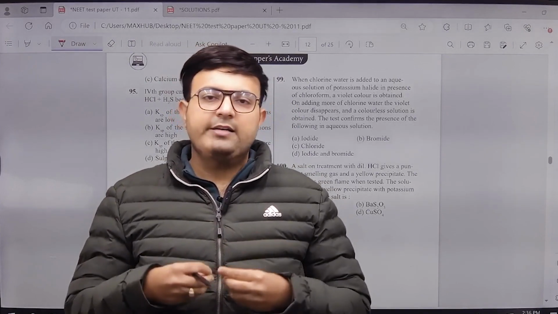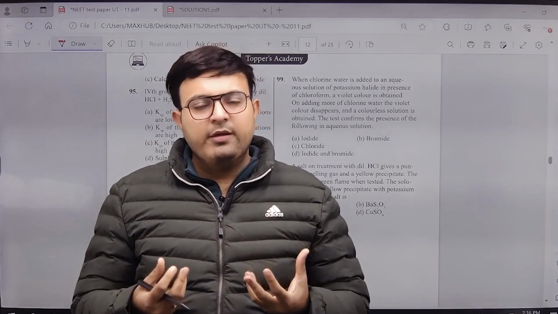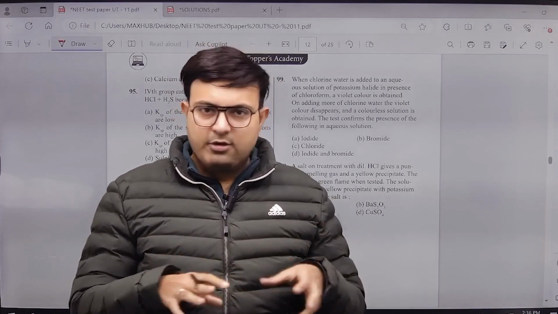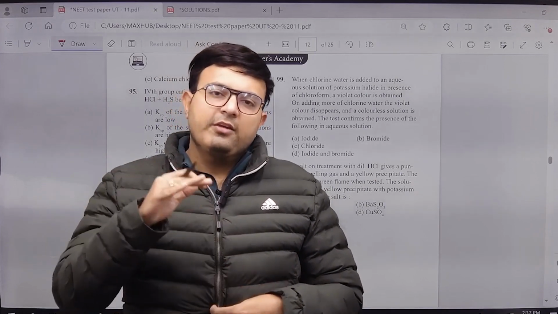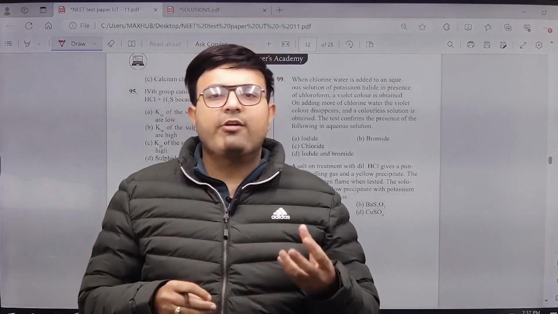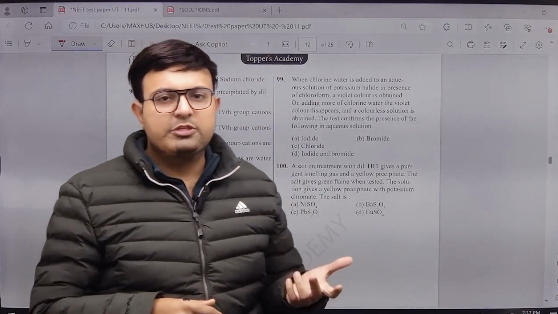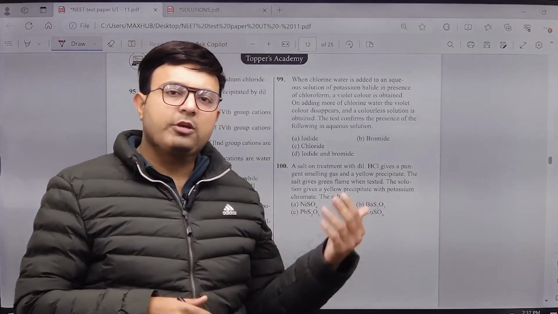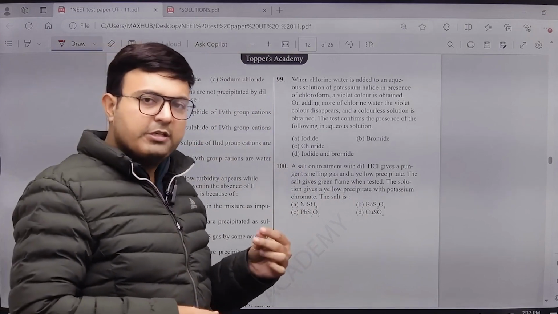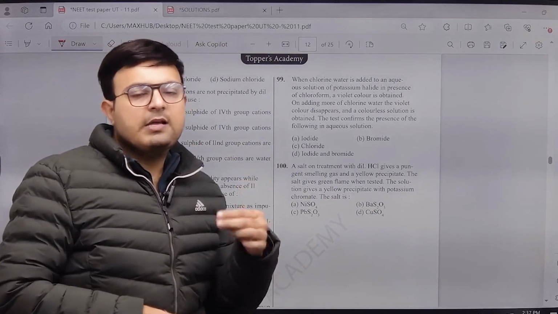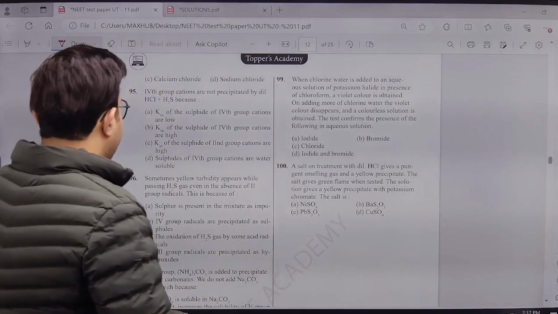Because their sulfides have great solubility. Group 2 metal lead does not have good solubility, and the group 3, 4, 5 metals have good sulfide solubility. So we have to see the option which says good solubility, and they are asking specifically for the fourth group. The option saying the fourth group has higher sulfide solubility is the correct answer.